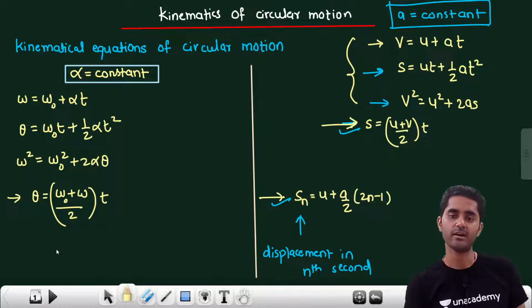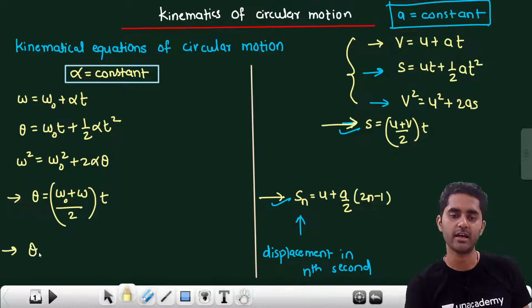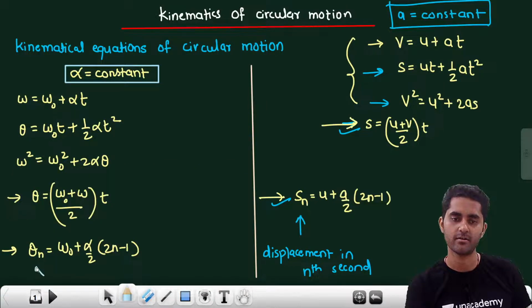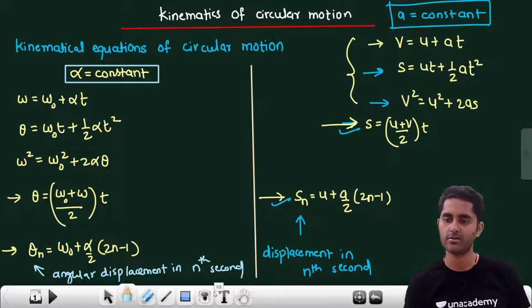And finally you have theta n is equal to omega naught plus alpha by 2 into 2n minus 1. This is nothing but the angular displacement in the nth second.